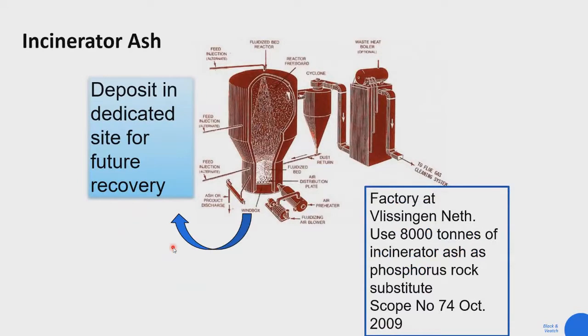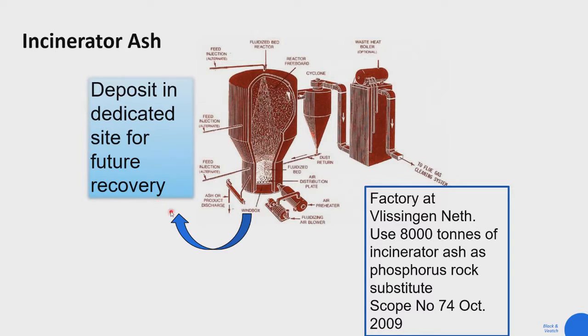James wanted to make sure we talked about this too, because it's something in Europe that's becoming more common: incinerator ash. If we are incinerating our biosolids, that phosphorus is still there, right? Phosphorus doesn't go away. I believe in some facilities in Europe, they're actually keeping a dedicated deposit of ash from incineration as a future mine for phosphorus.